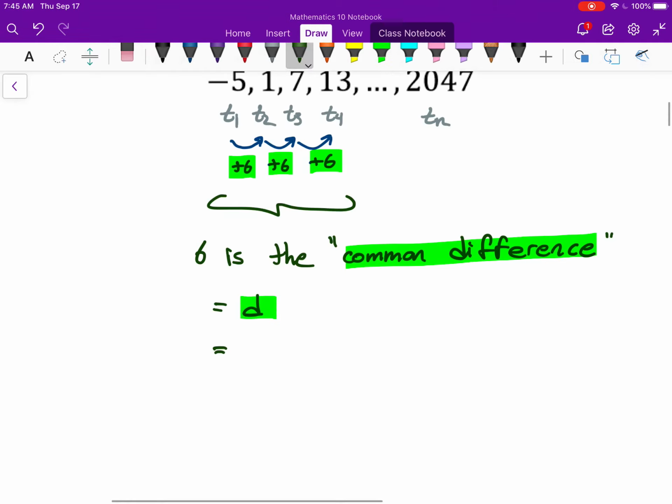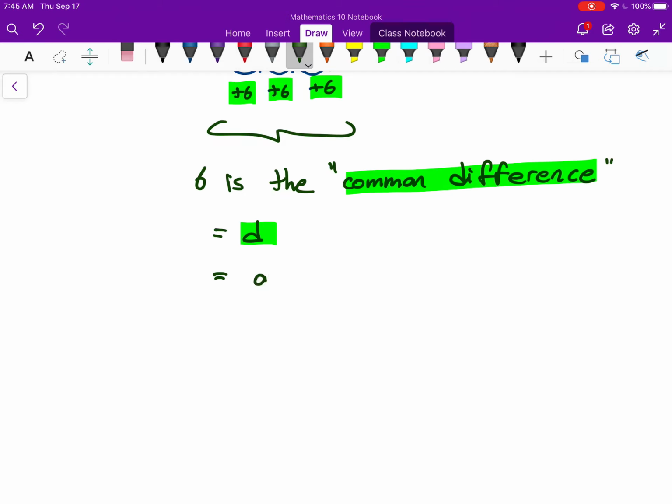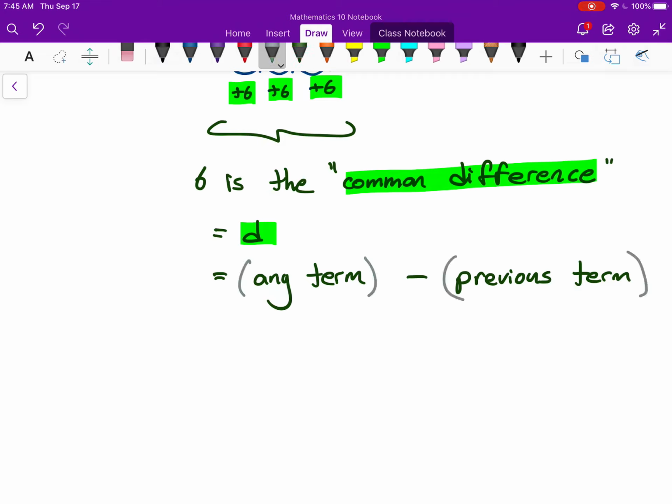And again, you can find it by taking any term, and from that, subtracting the previous term, the one before that. You could express this as a formula, which I think is kind of silly because it's such a simple formula. So let me just put brackets around this. Any term minus the one before it.